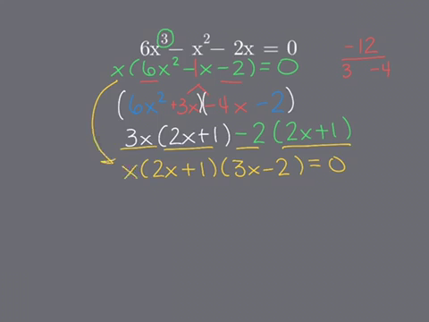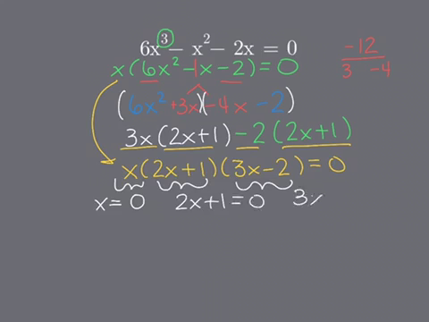Now this time we have 3 things being multiplied together, but this one is a variable, and again, we're expecting 3 solutions. So any of these 3 things could be the 0 because we don't know what x is. So the x could be the 0, the 2x plus 1 could be the 0, or the 3x minus 2 could be the 0.